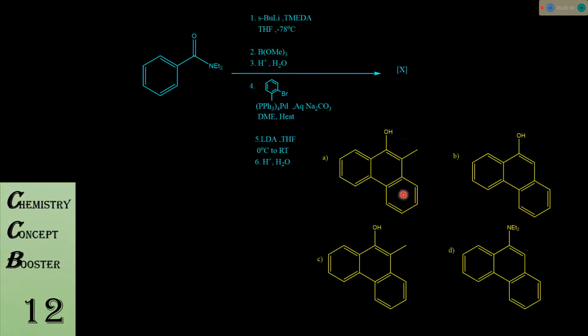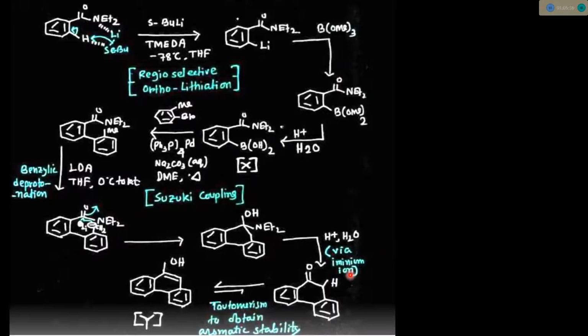So there should not be any methyl group in that case. So you cannot stop at that compound, because if you stop there, then there will be no option matching this compound. We have to see there are two benzene groups which are aromatic. If there is a keto group and an alpha hydrogen, there is the possibility of keto-enol tautomerism.